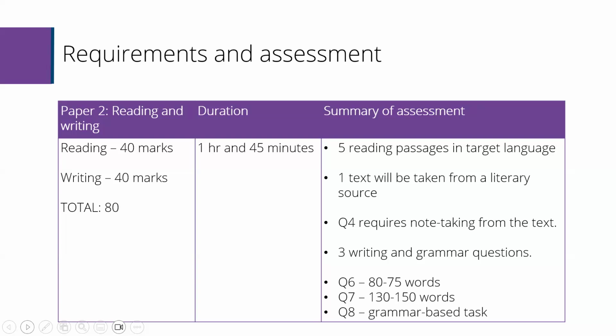So probably they should spend about 45 minutes on the reading section and about 1 hour on the writing, because the writing does require some planning. There's a little bit more to do for those marks. So again, as you're practicing, make sure that they are able to do things within a certain amount of time.